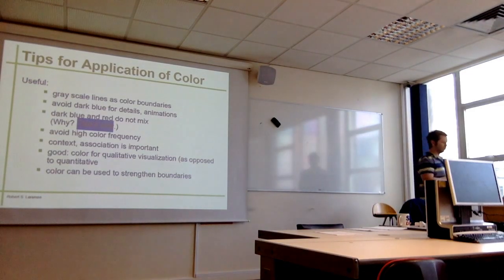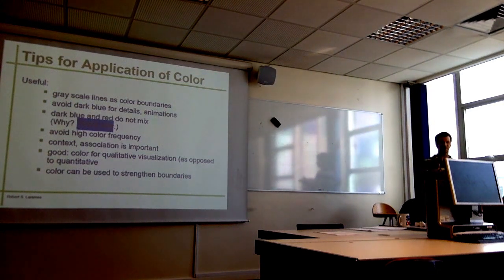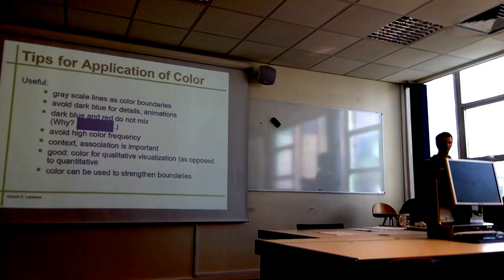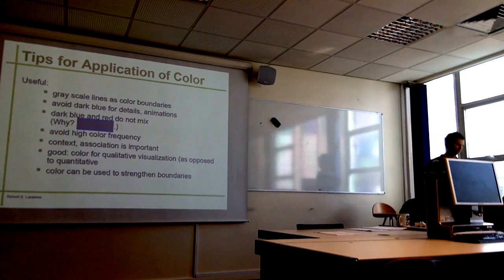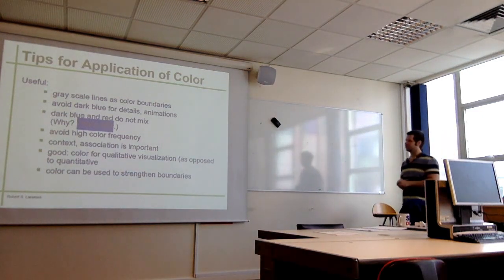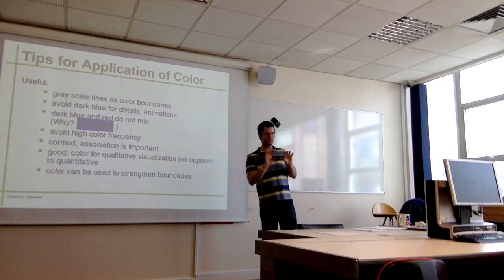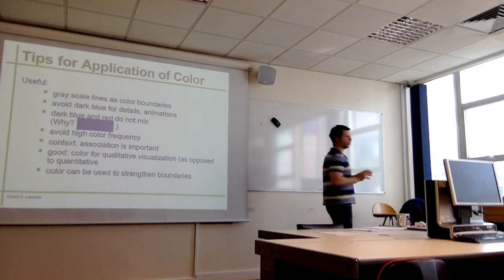And then the last example, we saw that the surrounding colors are important. So the surrounding colors affect the color that you see. Context is important. And color is good for qualitative visualization. That means visualizing data in different categories.